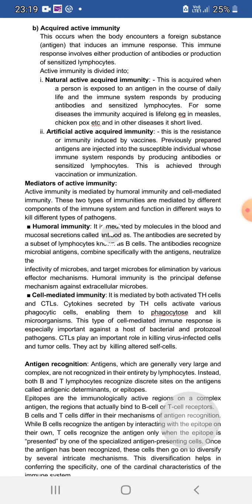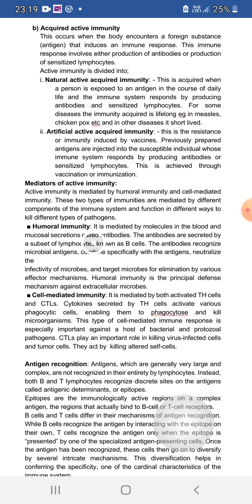So this is the type of active immunity mediated by molecules in the blood and mucosal secretions called antibodies, but they're not only antibodies. We saw that even the complement system is here. So they are produced, and that's how we differentiate this from this.